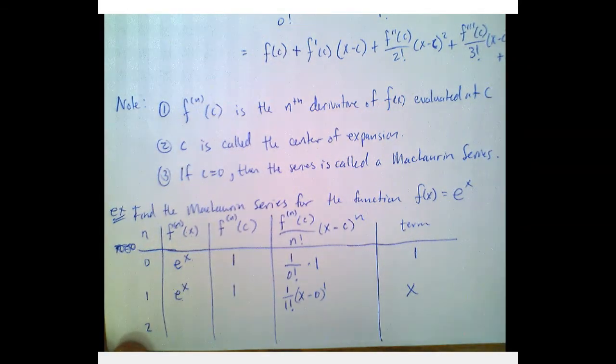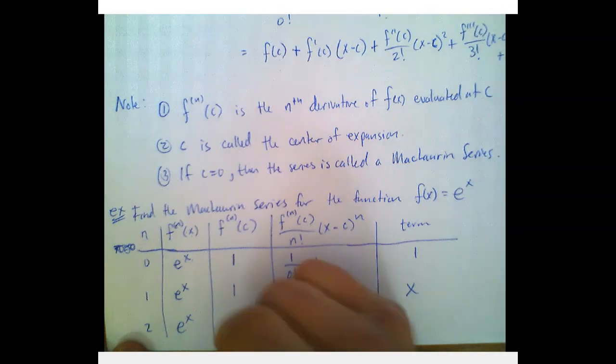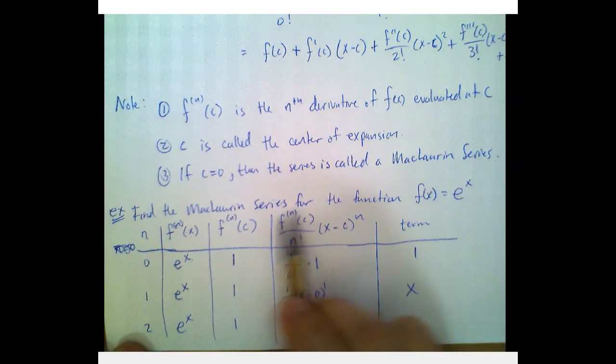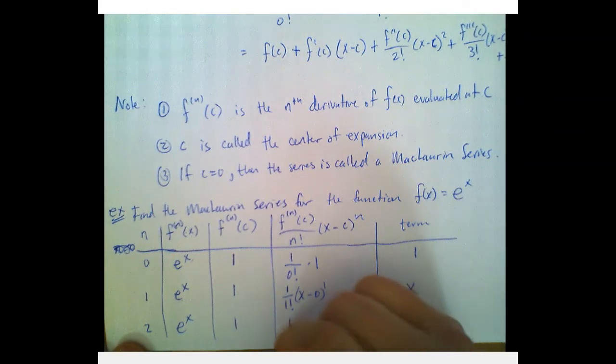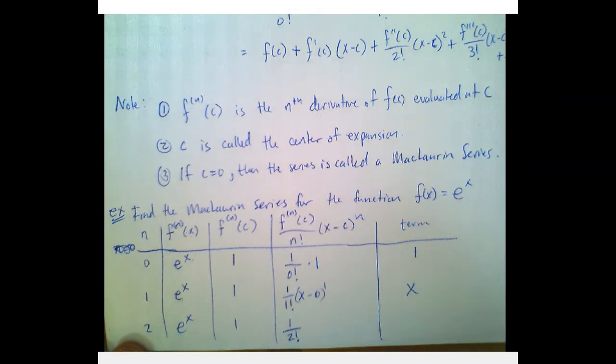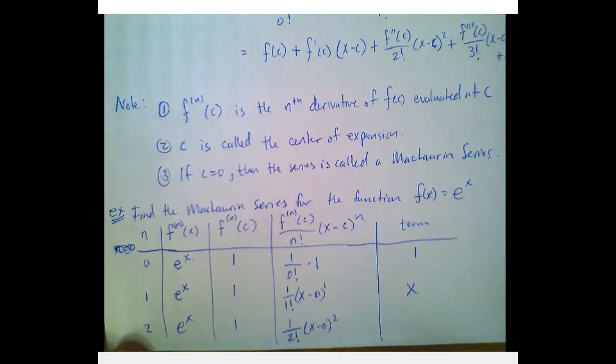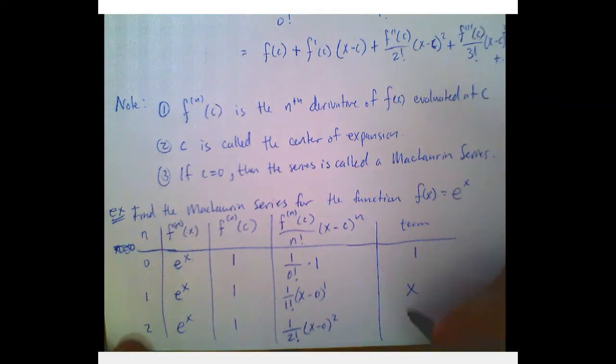If n is 2, it's the second derivative of f, so it's just the derivative of this guy here, just e to the x. Evaluated at 0 is again 1. And then assembling this, if n is 2, we get our derivative evaluated at 0, which is 1 over 2 factorial times x minus 0 to the second power. So what's this? This is just x squared over 2 factorial.